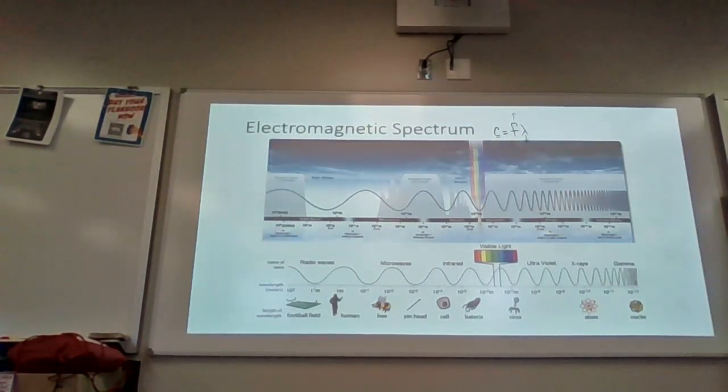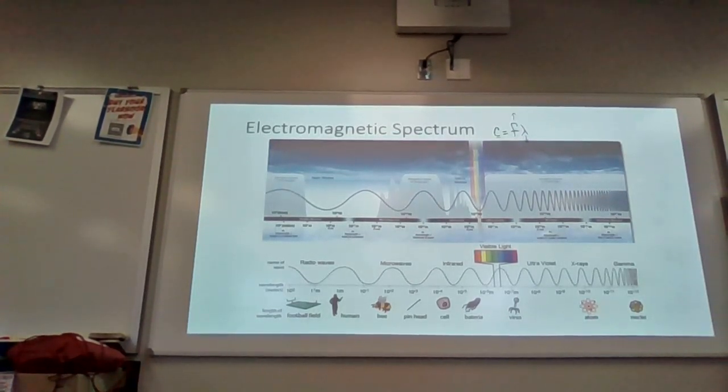You don't necessarily need to have those memorized, but you do need to be able to recognize, hey, that's an electromagnetic wave. That's part of the spectrum. Is a microwave an electromagnetic wave? Yes. Which has a longer wavelength, microwave or X-rays, something like that.